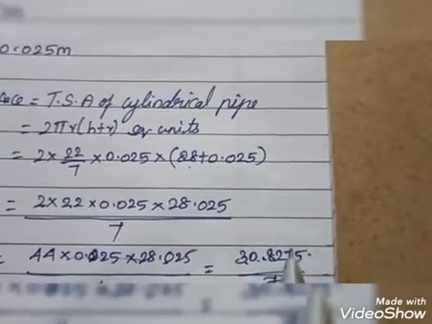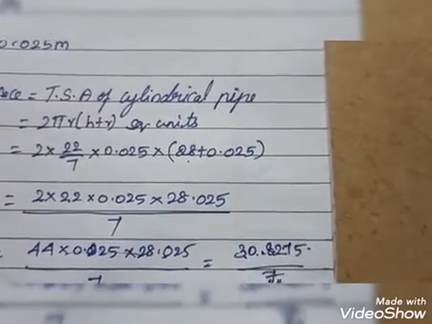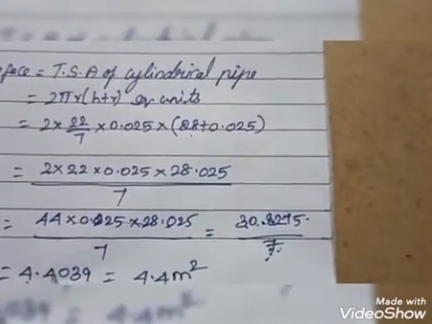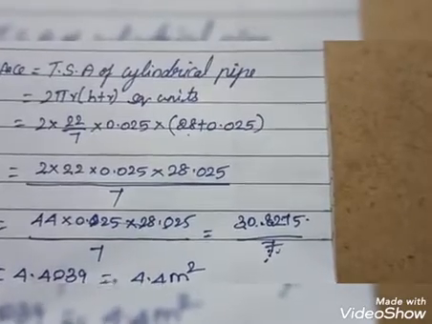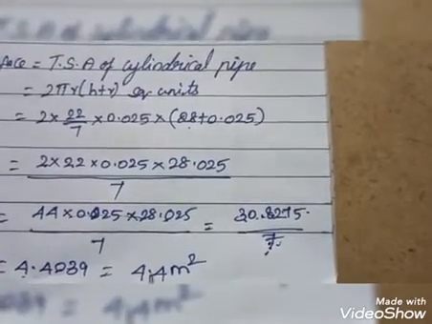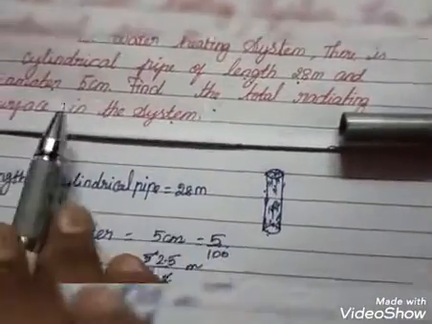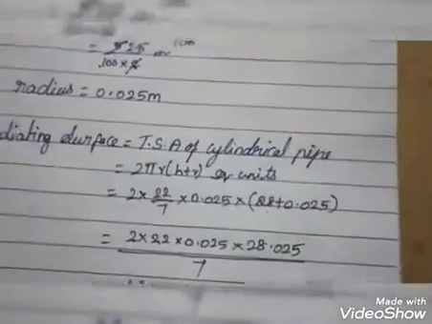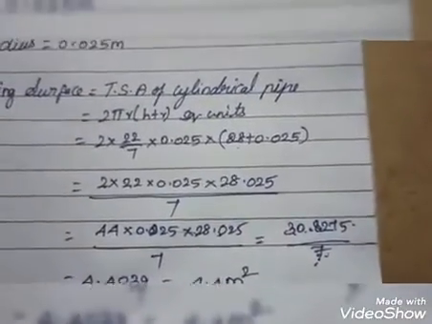You divide this value by 7 and get 4.4039, and the value seems to be 4.4 meter square. So the total radiating surface in the system is equal to 4.4 meter square.